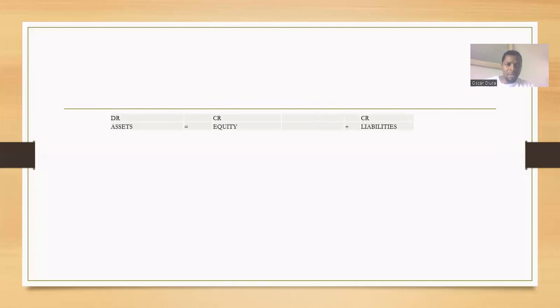Another important thing we need to know is that assets increase on the debit side. So if you buy a new asset, you open an asset account, go on the debit side, and increase the asset. Equity increases on the credit side.